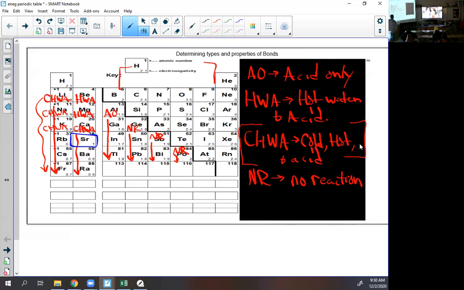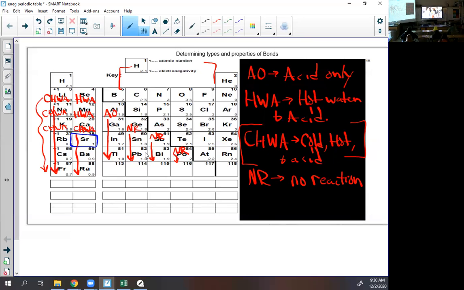Now, in family 2, we had beryllium and magnesium will only react with hot water and acid. They're less reactive, so we have to add hot water. They won't react with cold water very well.